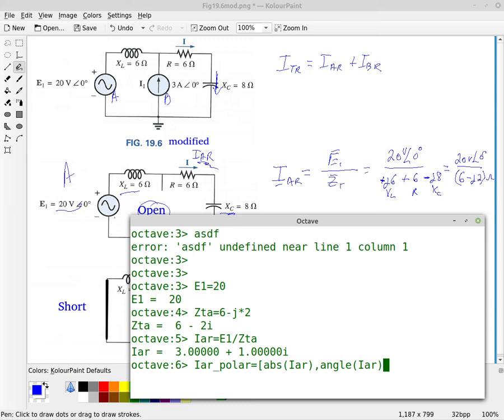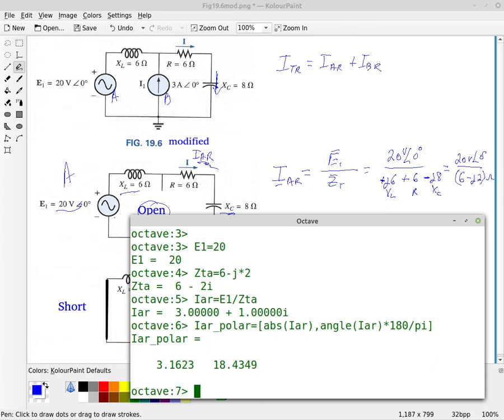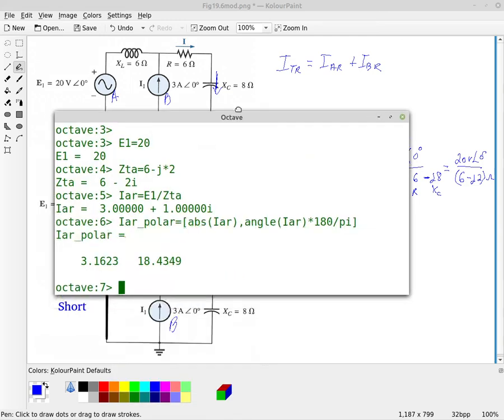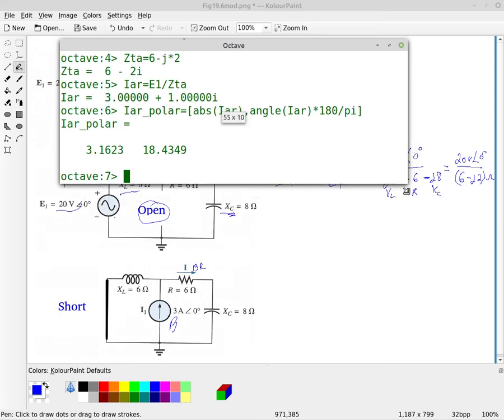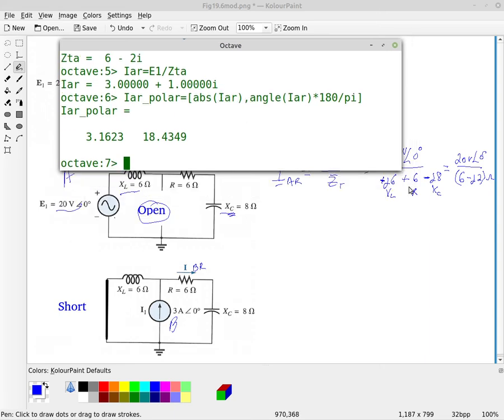This software gives the angle in radians, so I'm going to multiply it times 180 degrees and divide by pi radians to get the value in polar form.